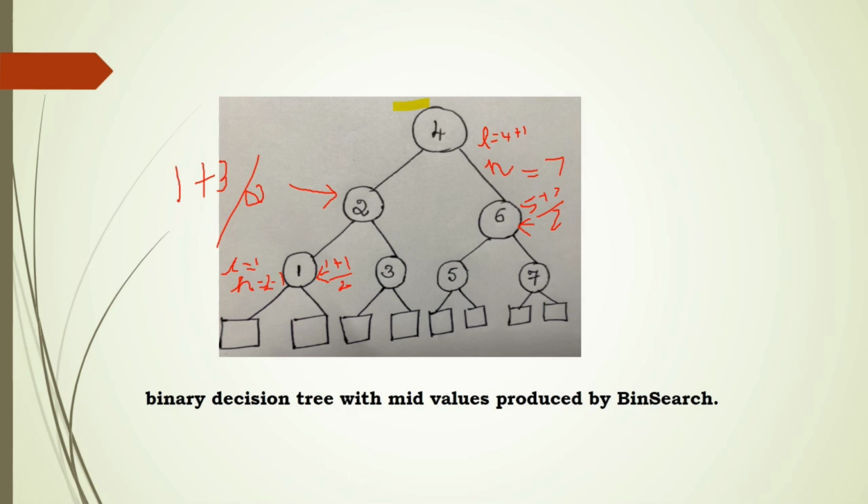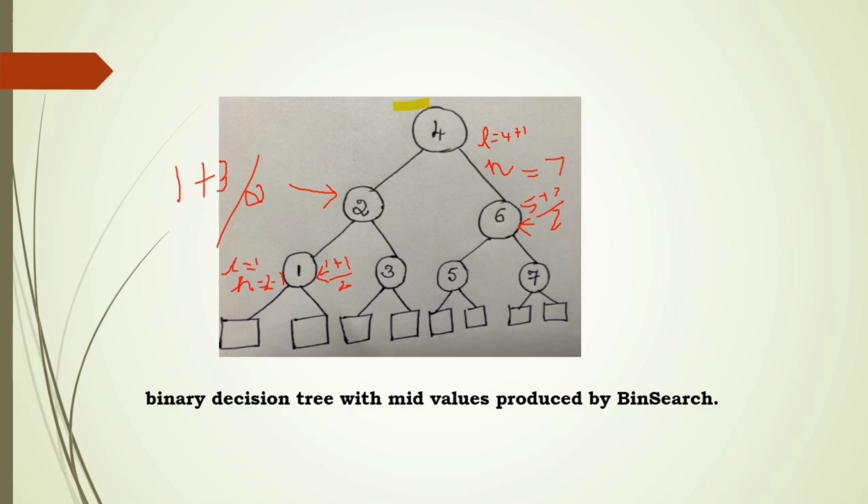Then you have the left child. How do you calculate the left child? Low remains the same, 1. Now high becomes mid minus 1. What is mid? 4. 4 minus 1, that is 3. So now calculate the new mid. The new mid is 1 plus 3 divided by 2. So that is given as the left child.